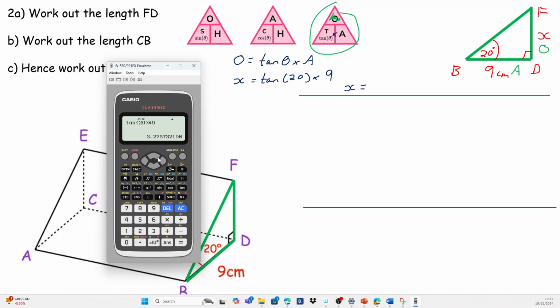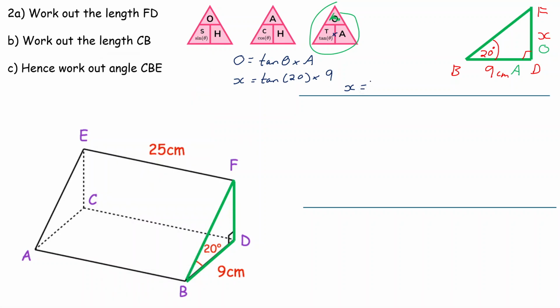So let's go for 3.2757, which to 1 decimal place is going to be 3.3 centimeters. Okay, that is to 1 dp. Let's go and highlight this answer. So 3.3, there we go.